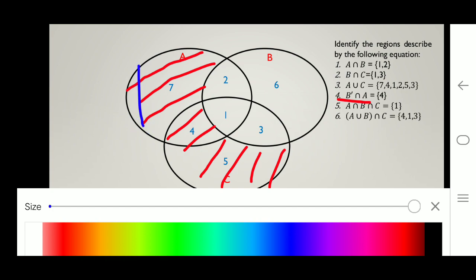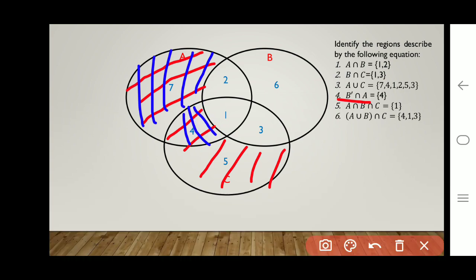Diba ito lang? Since ito si A, yan, sakop pa rin to ni A, diba? Therefore, ang sagot is 4 and 7. 4 and 7 pala ang sagot dito. Paki-correct na lang to.